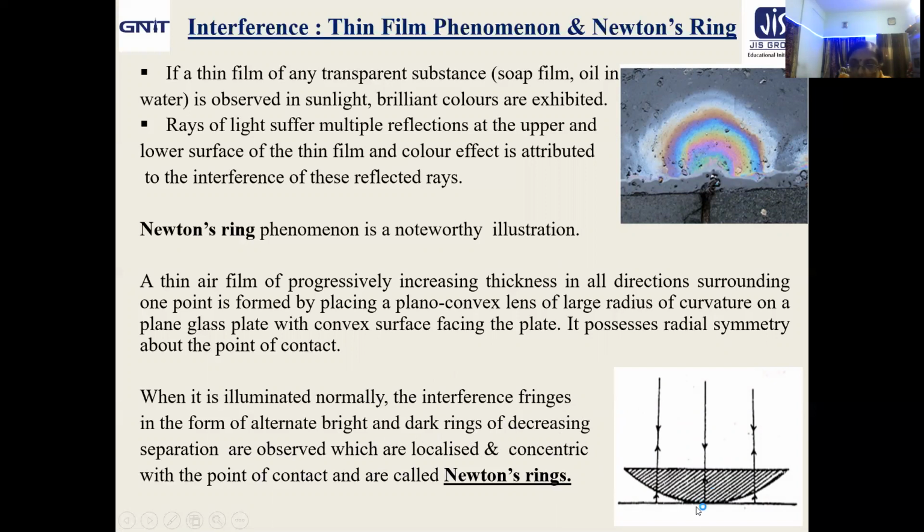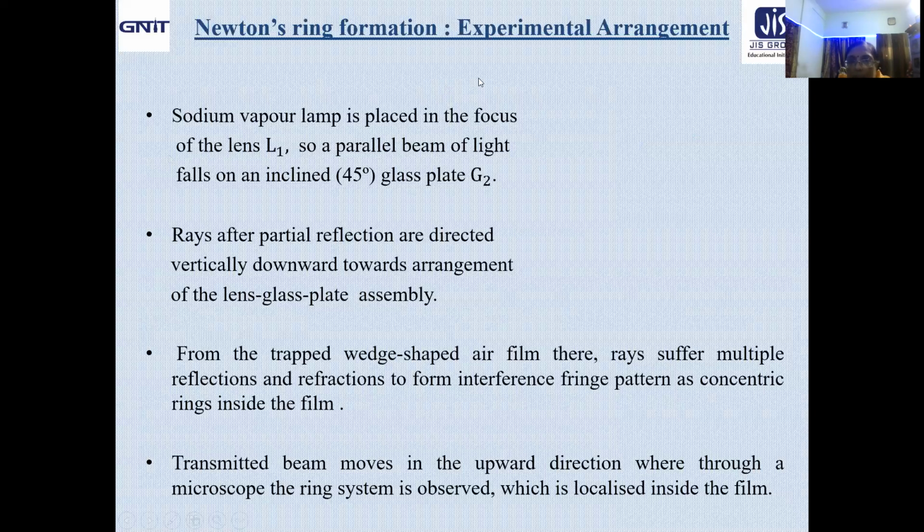These are called Newton's rings because Newton examined them for the first time and measured their radii with some precision. That's why these are called Newton's rings. Now let us take a look at the experimental arrangement of the Newton's ring formation and the ring appearance.